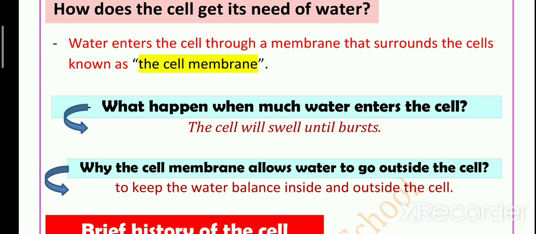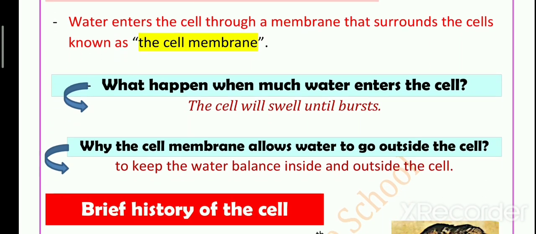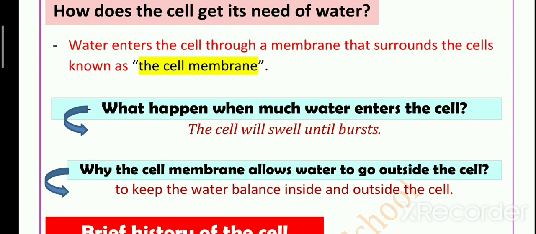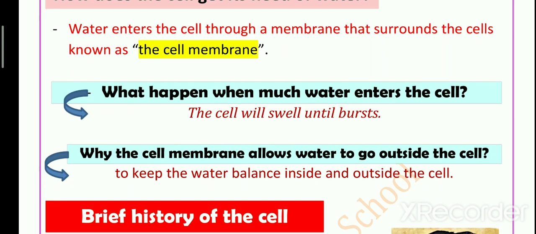We say the cell membrane surrounds the cell from outside. Okay, what happens when much water enters the cell? Yes, right. The cell will swell until it bursts. So the cell membrane must be found in all cells to control the amount of substances or materials that enter the cell.